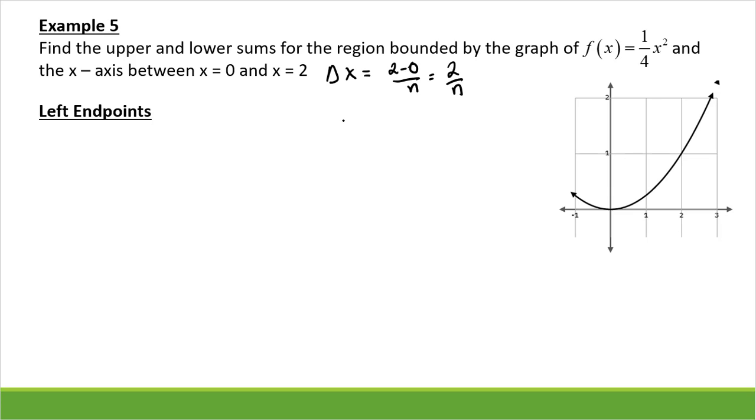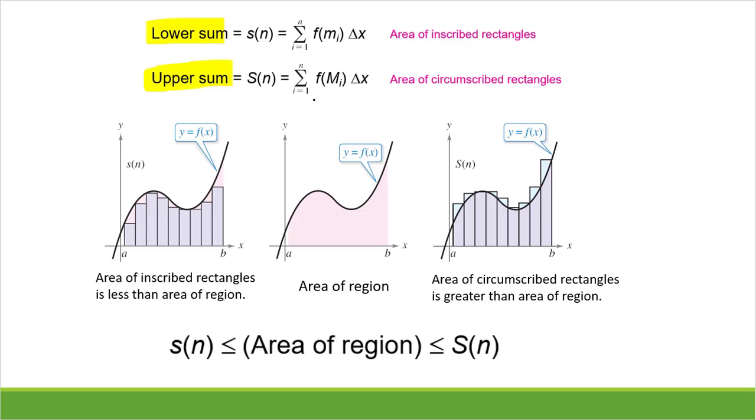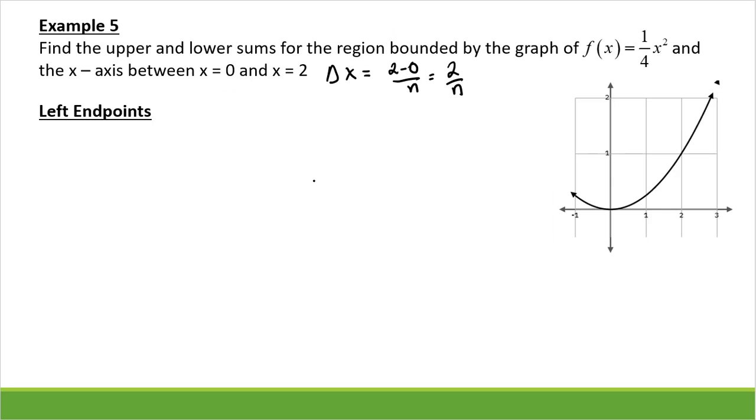I'm just using the same notation as the book because that's what my notes are in, so I don't make a mistake. So m sub i, or the x value, since it's the left endpoint, is starting at 0 plus i minus 1 times delta x, which equals 2(i minus 1) over n.